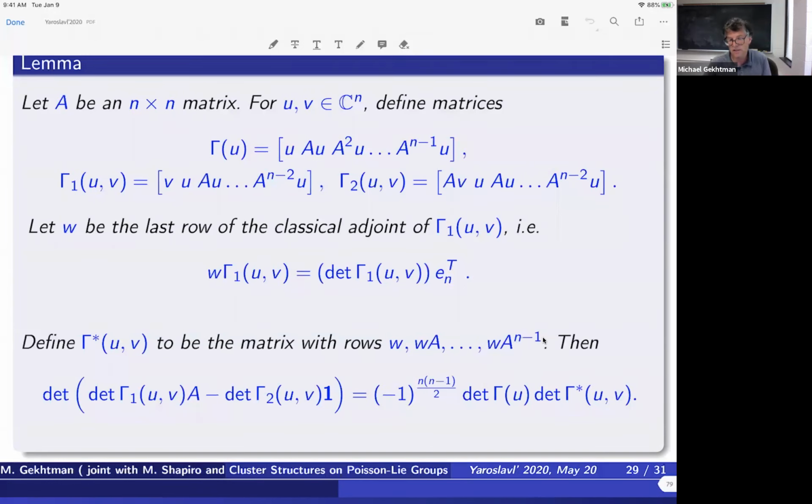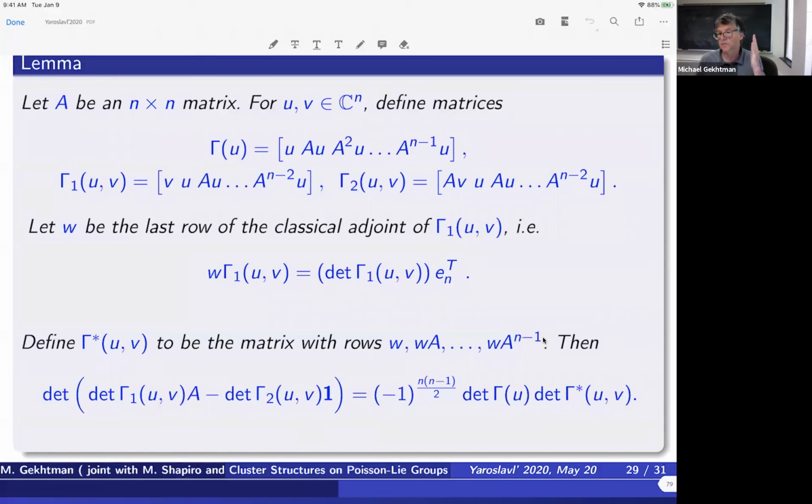So what is a cluster made out of? Log canonical coordinates. It's a Poisson torus, and a Poisson torus is easy to quantize, to quantize naively. Instead of the Poisson bracket of two things equal to a constant times their product, you have a commutator of two things, or variable x times y is equal to q to some degree times y times x.